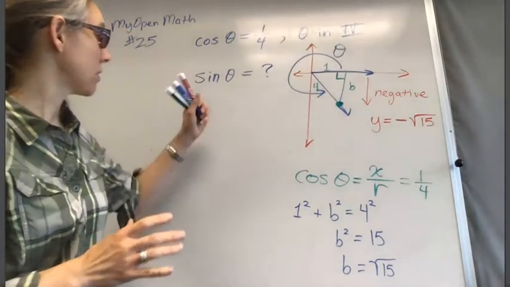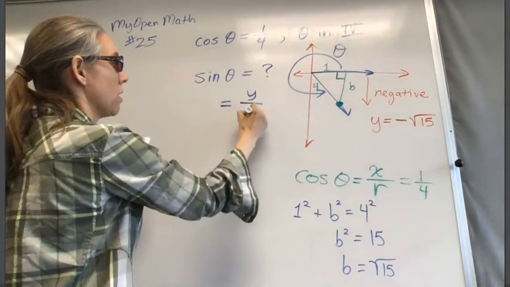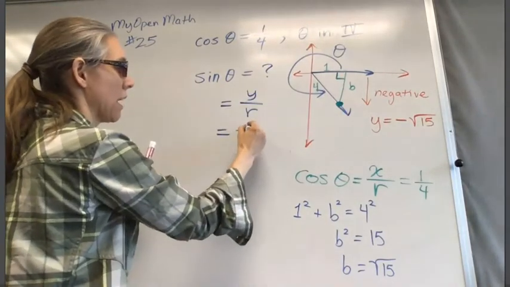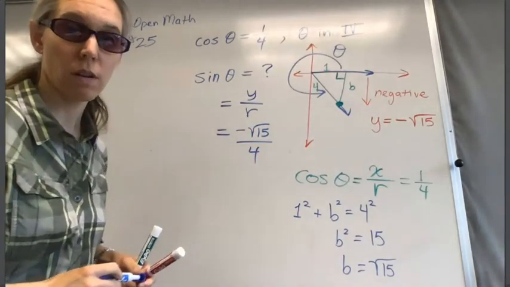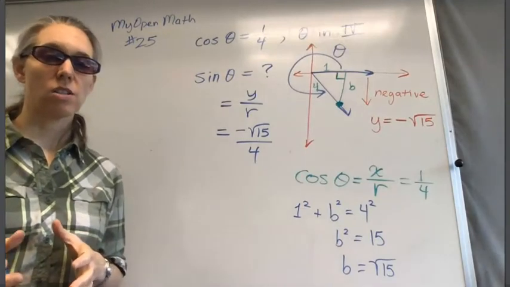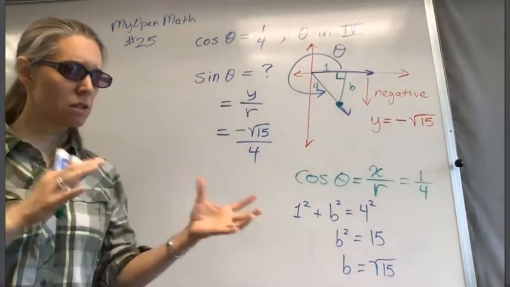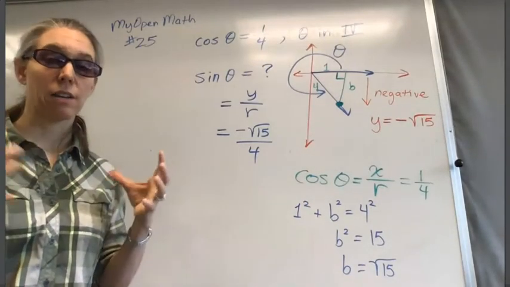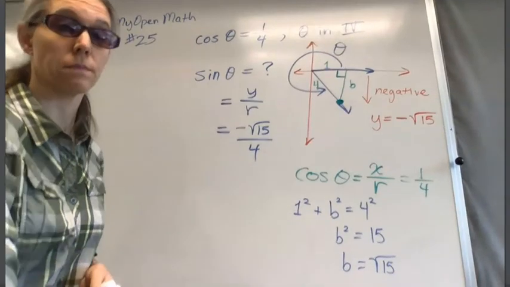Okay, and now to get the sine value, we do y over r, so that would be negative root 15 over 4. So if that was a confusing explanation, you may also try watching the video from My Open Math, and hopefully between the two explanations, it will click for you. There's also examples in the book that you can look at.